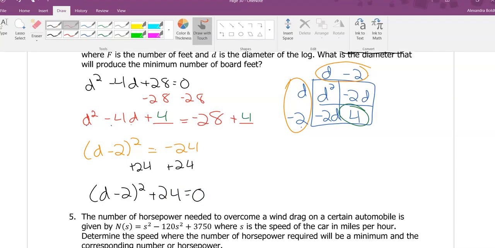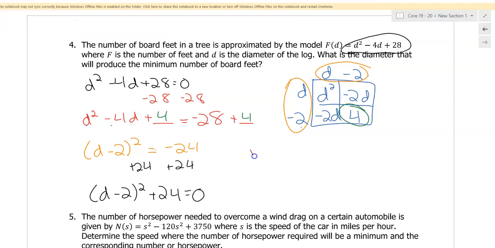So then our vertex, we change the sign on our first number, so we get positive 2, 24 stays positive. So our x value is really d, which is the diameter.